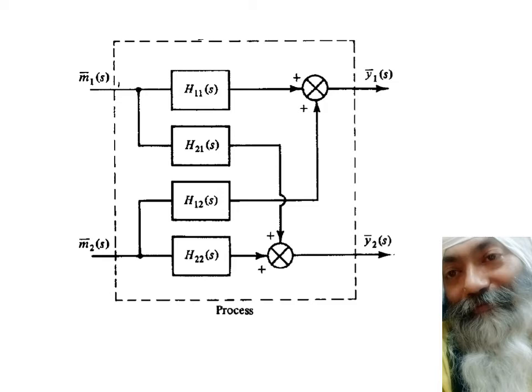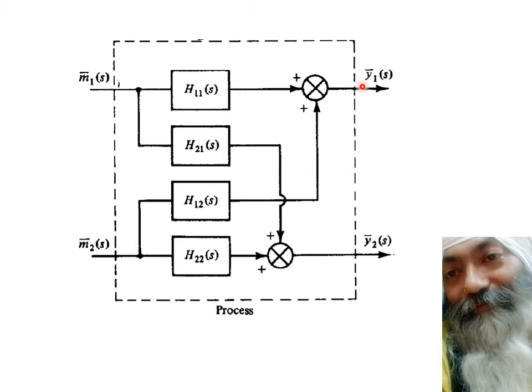You see over here in this figure we have one manipulated variable and this is giving me one output through this block, and this block is named as H11. It's always the output first and then the input. Even in case of efficiency, you say efficiency is equal to output upon input.